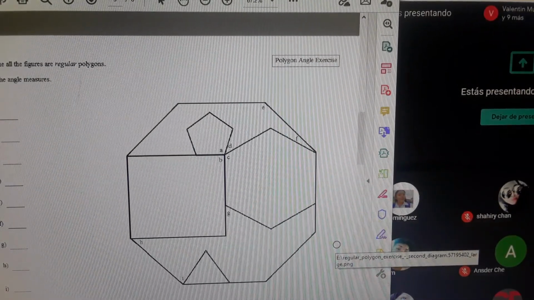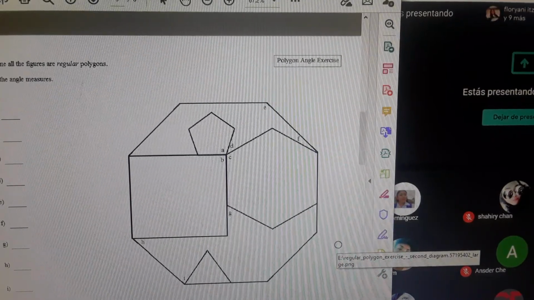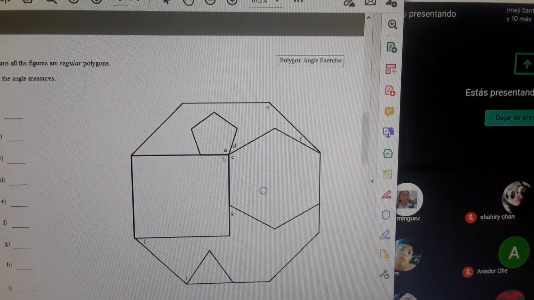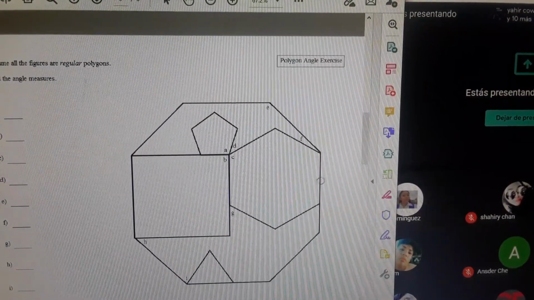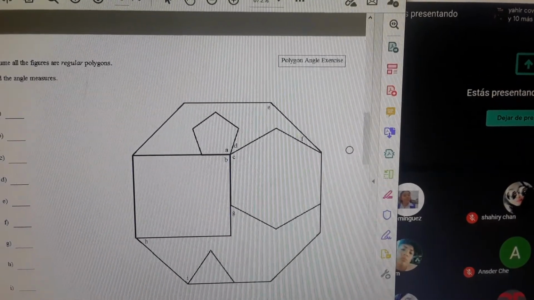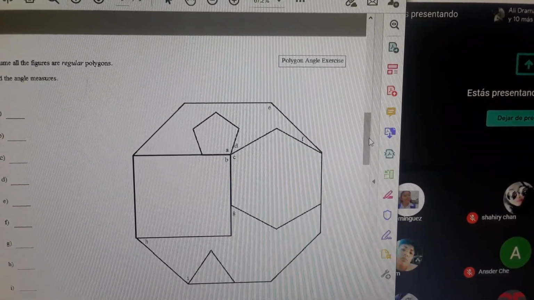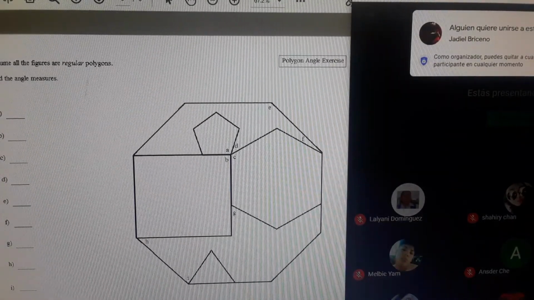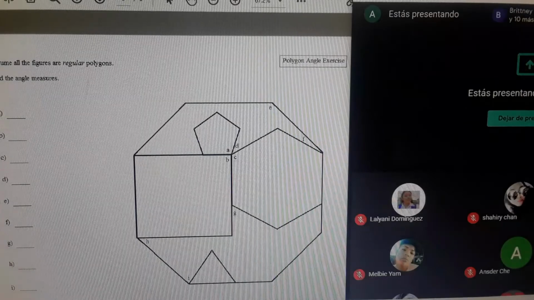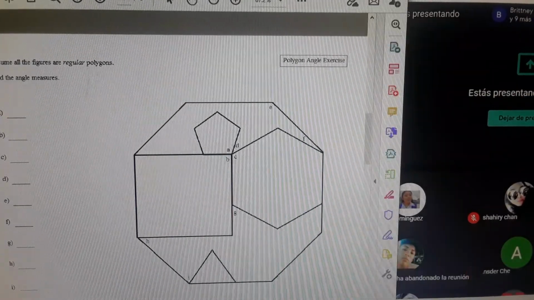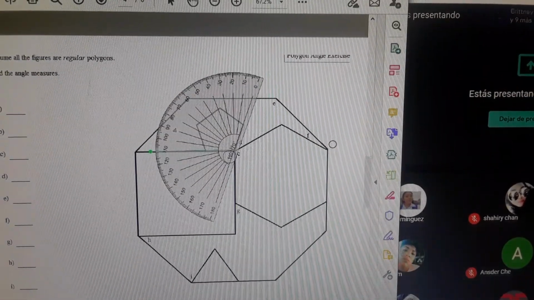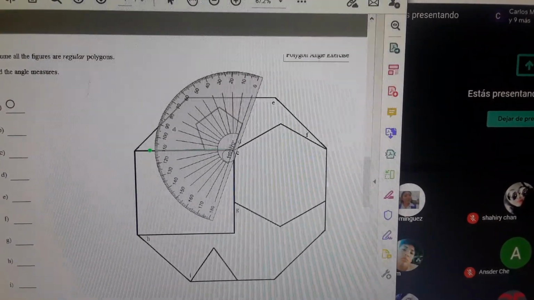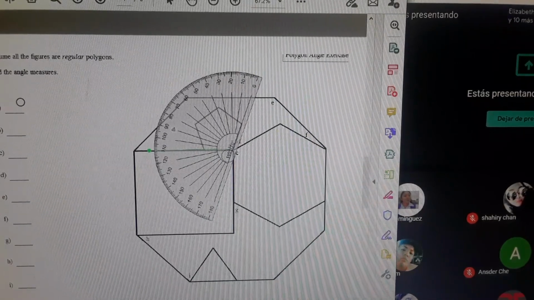So, if we look right here at the angles, E, you're going to need to find the angles for E. I will show you two examples, and then you will solve it by yourself, okay? So, for example, let us work on the first one. We want to find the angle E.